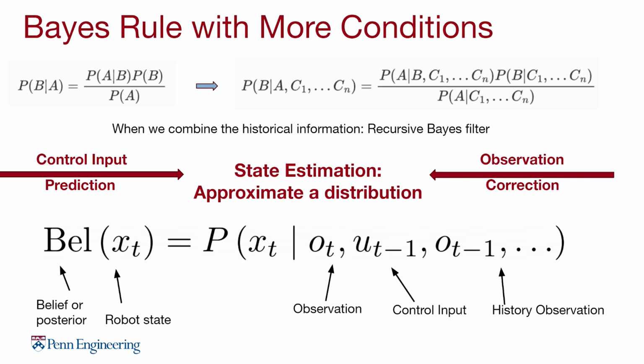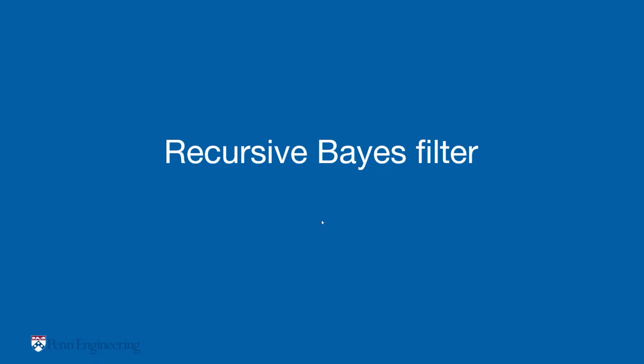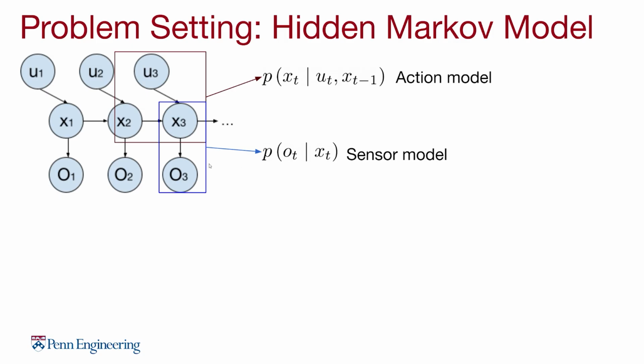Given this information, how do we estimate the distribution of our global state? Then we can give a more systematic problem setting for this recursive Bayes filter.